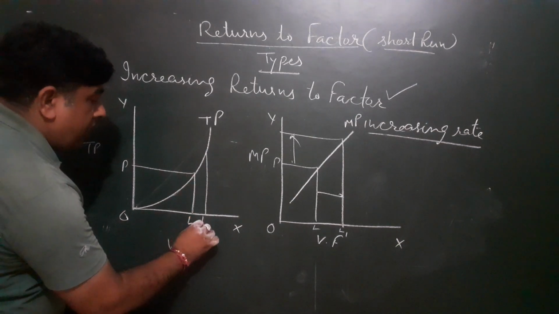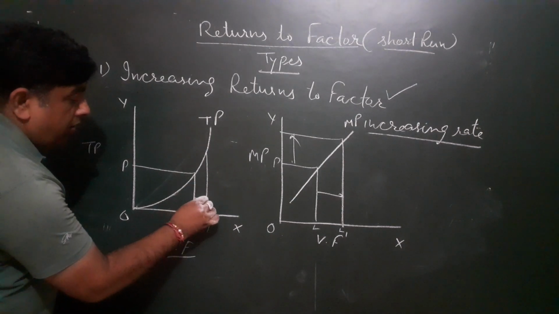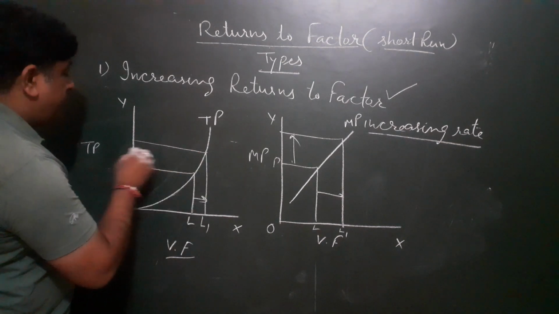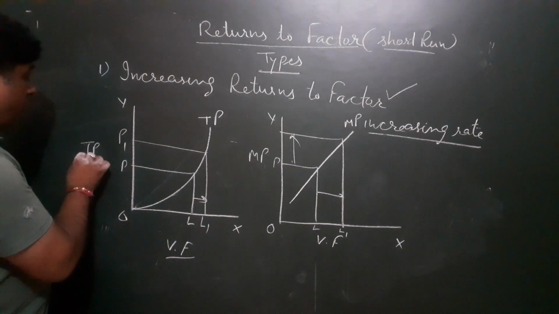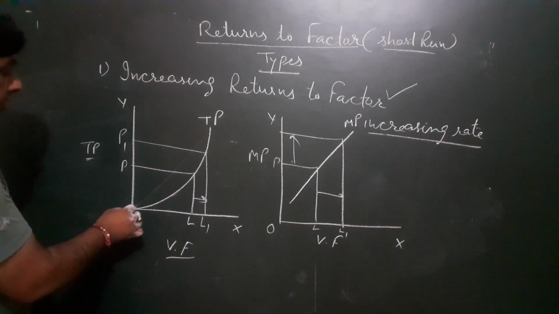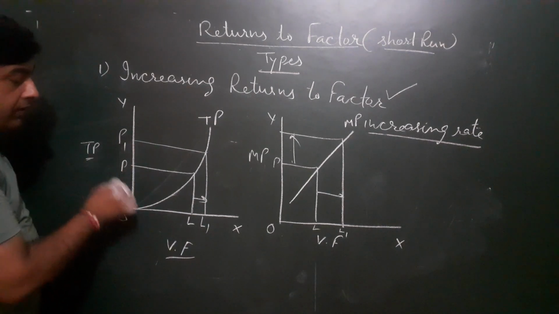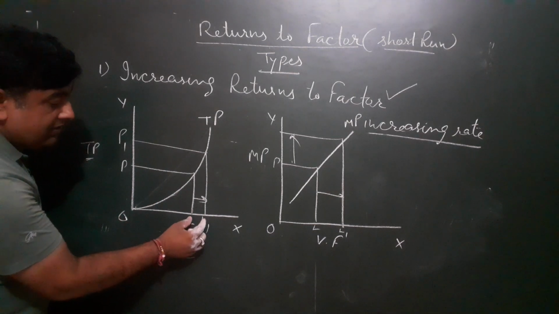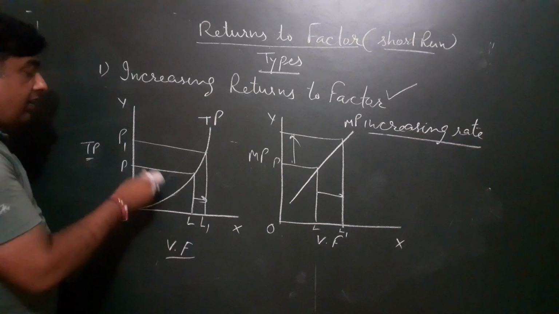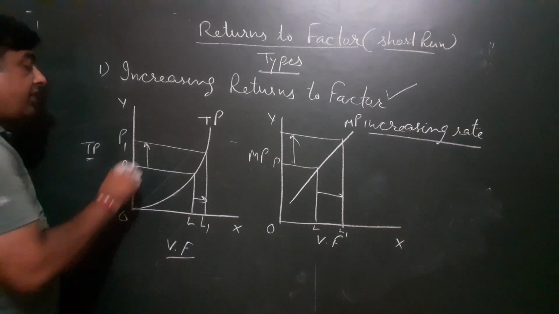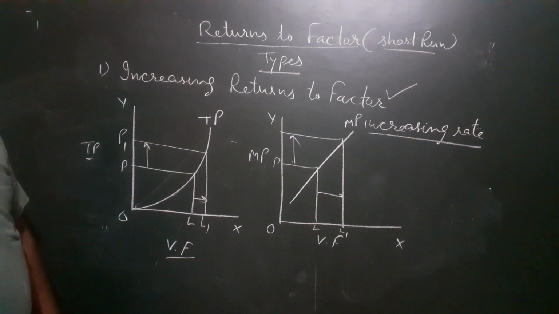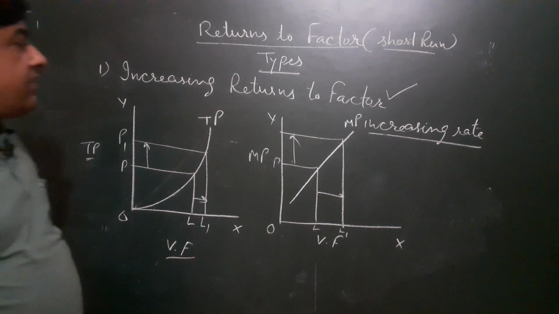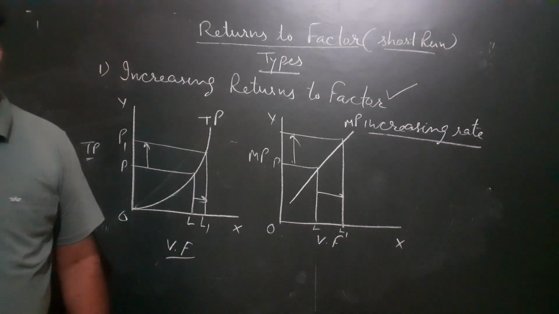When we use more variable factors, there is an increase in total production and it becomes OP to OP1. But here see, we use less variable factor and there is more increase in the production. This is increasing returns to factor.